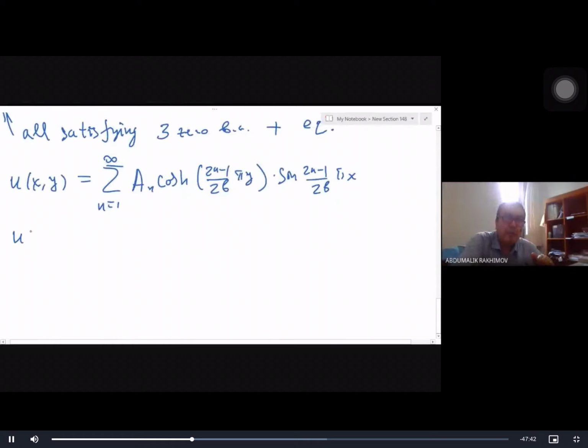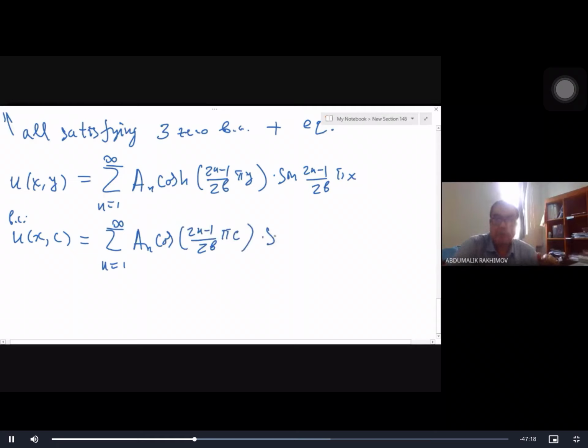So we use the last boundary condition: u(x, c) is equal to the sum from n = 1 to infinity of a_n times cosh((2n−1)/(2b) π c) times sine((2n−1)/(2b) π x) is equal to f(x), right?